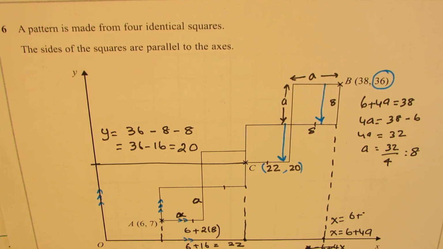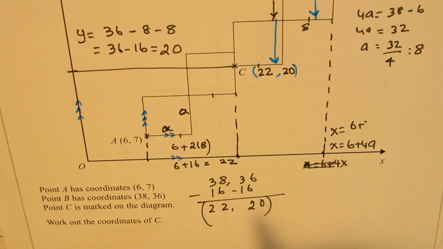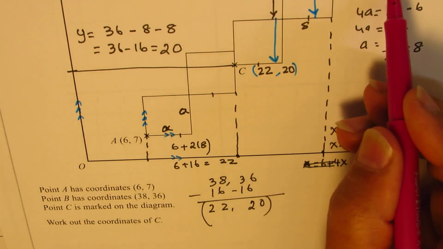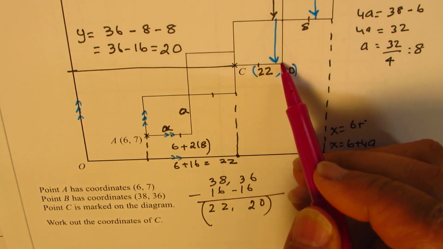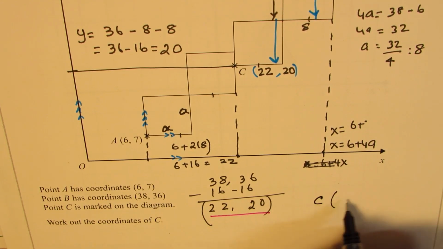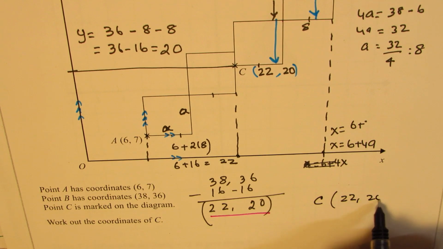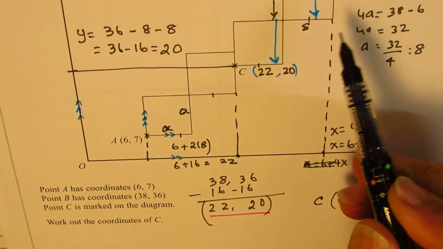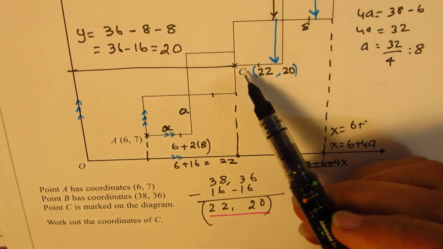Is that clear to you? Let me show you this work. So basically from 38 and 36, we came down 8, 8, 16, 16, and we got our answer. So we'll write down our answer as coordinates for point C are 22, 20. Clear? So it is better to move backwards from point B to get point C.